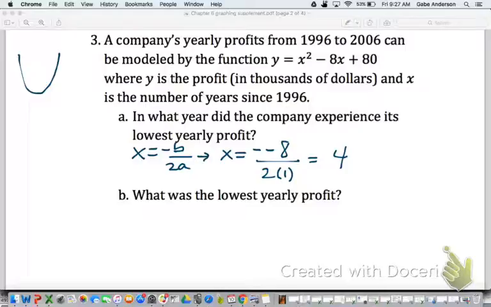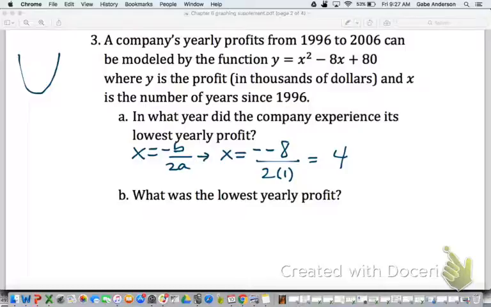And we just found out that the vertex happens when x is 4. So during what year did they have their lowest profits? 64. No. 2000. Oh, I get it. This says that x is the number of years since 1996, and since x is 4, wouldn't that mean the year 2000, 4 years later, right?